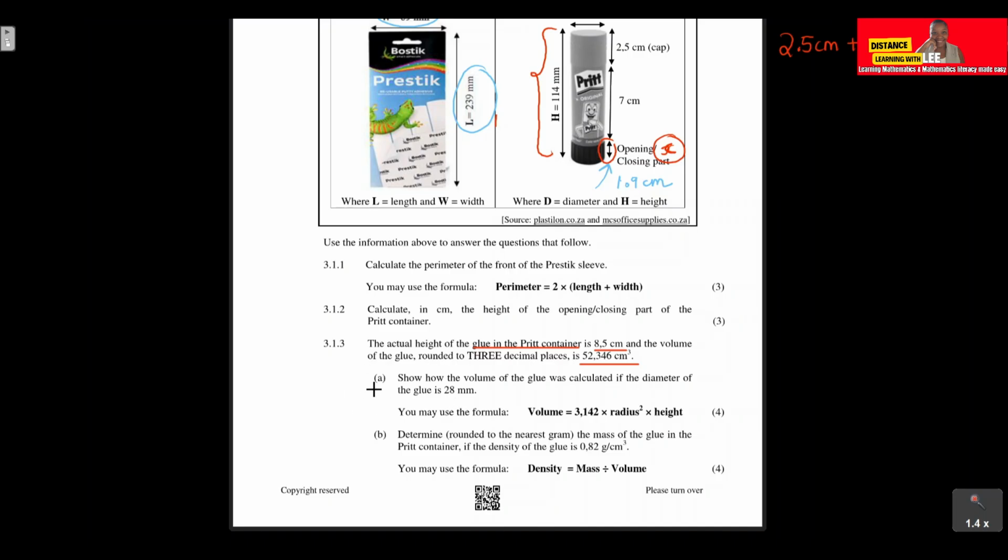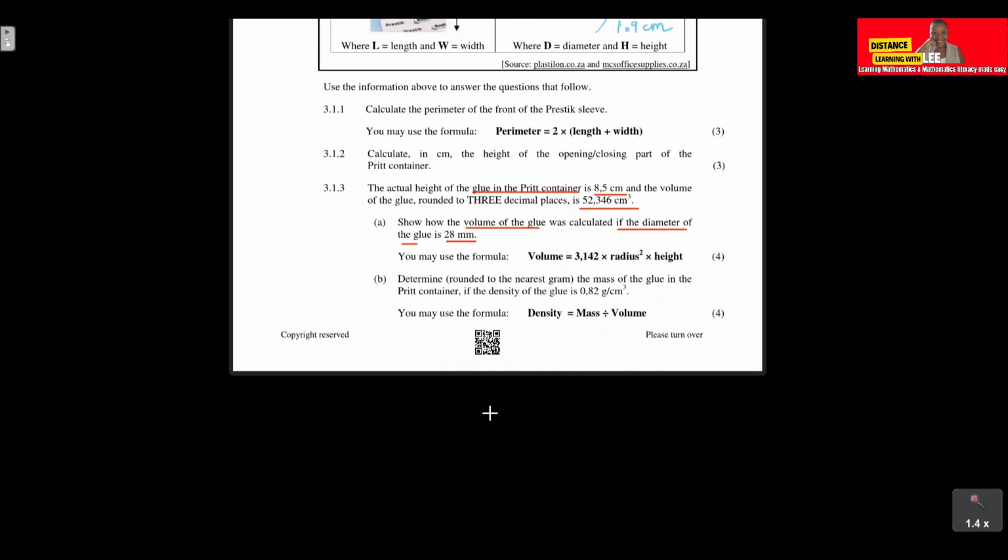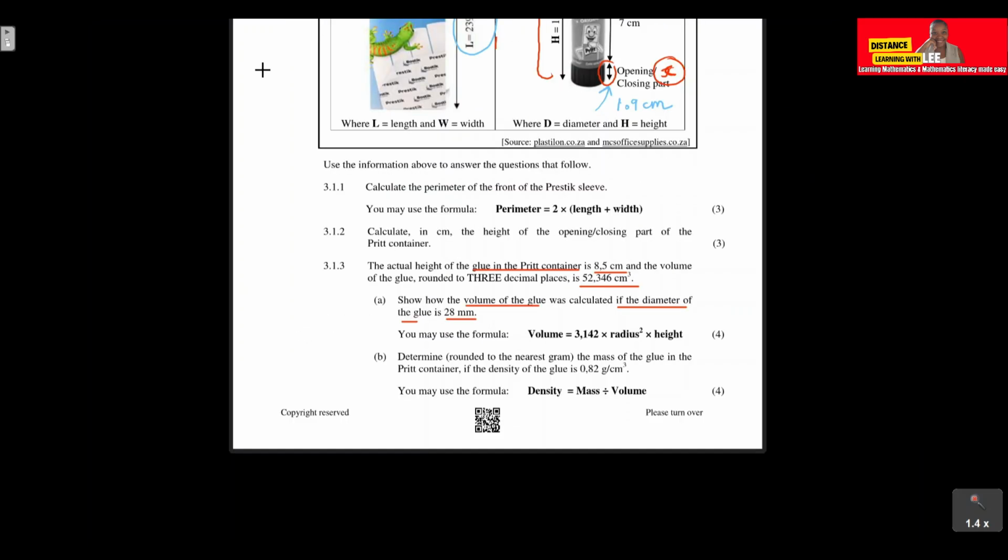So the question says to show how this volume of glue was calculated if the diameter of the glue is 28 millimeters. Guys, you mustn't be confused. The diameter given to us earlier is just the diameter of our lid, but this 28 millimeters is the diameter of our glue inside the container.